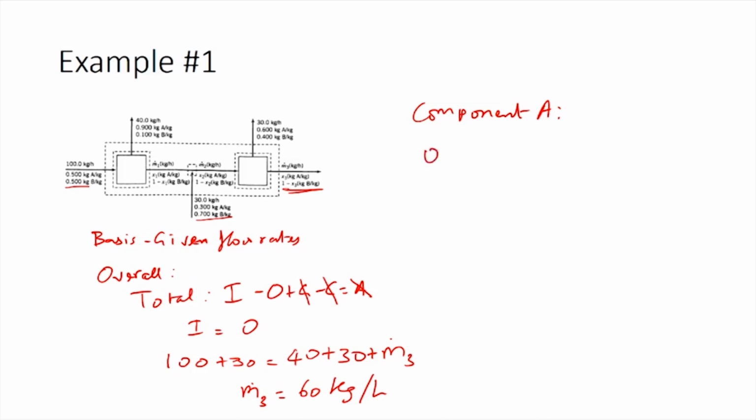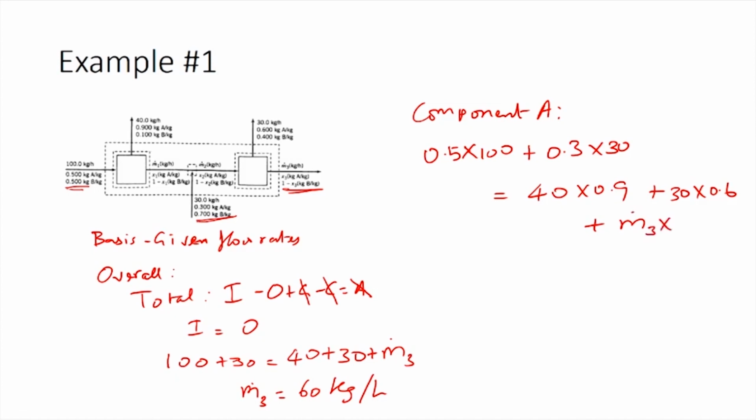So, it is 0.5 times 100, which is A entering through this stream, and it is 0.3 times 30 based on A entering through the other stream, and you again have output streams which are 40 times 0.9 plus 30 times 0.6 plus M3 dot times X3, where X3 is the composition of A in the product stream 3.